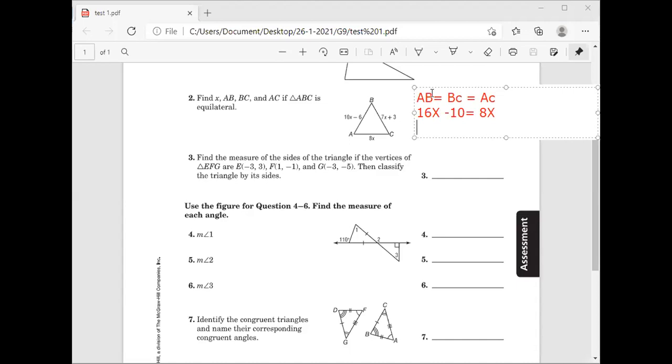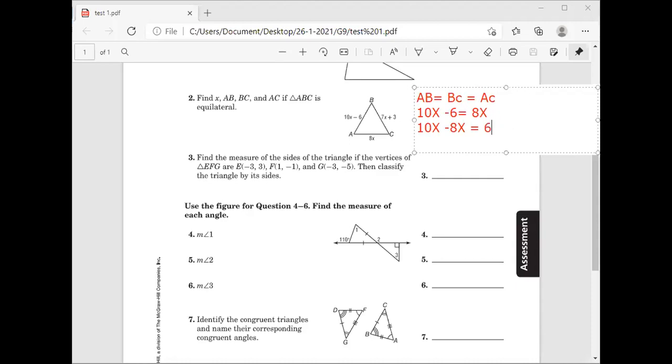Then 10x minus 6 equals 8x. Then 10x minus 8x equals how many?